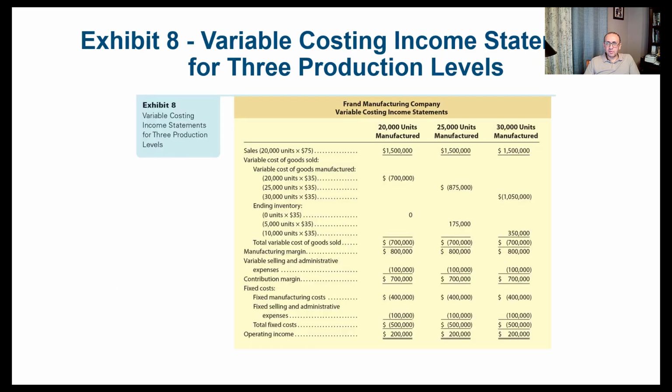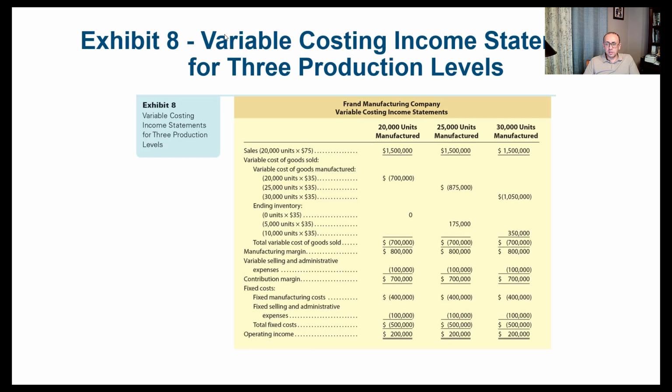Now let's see the variable costing income statement for 3 production levels. We added 30,000 units as a third column, which is not going to make a big difference, because at the very end the operating income is still the same: 200,000, 200,000, 200,000. That's because we are using variable costing, not absorption costing.